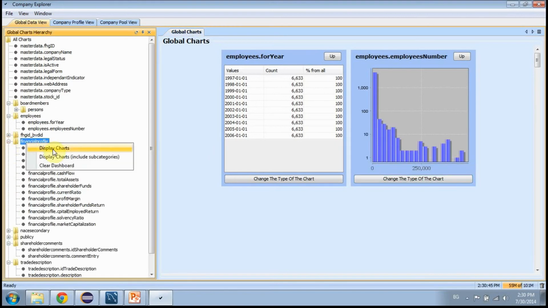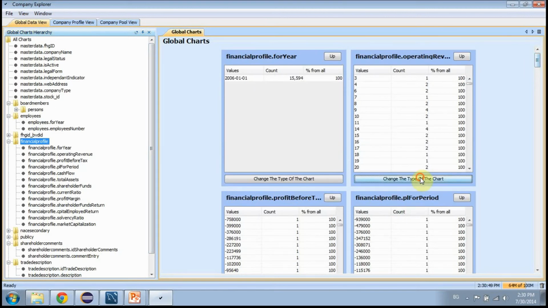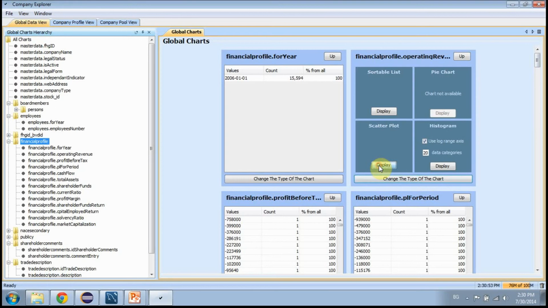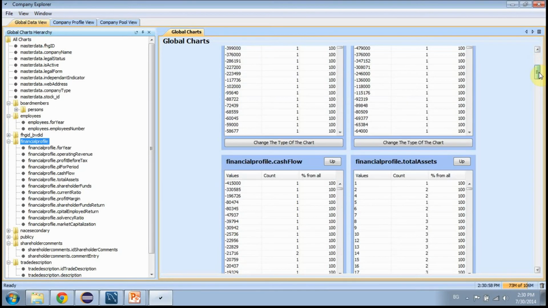Then we have the financial profiles, where we can see a lot of numbers. Operating revenue. We can have several different visualizations of that, which might be suitable or not.